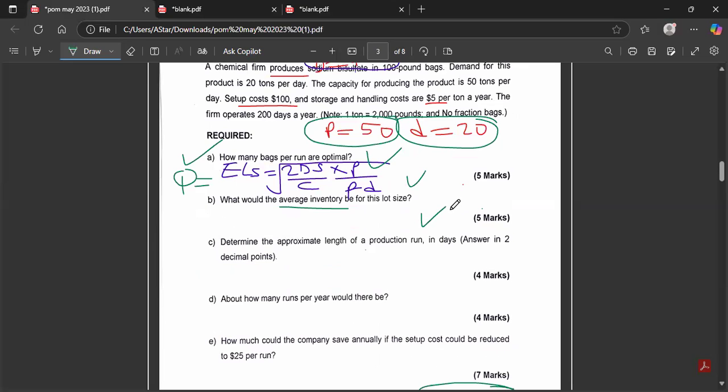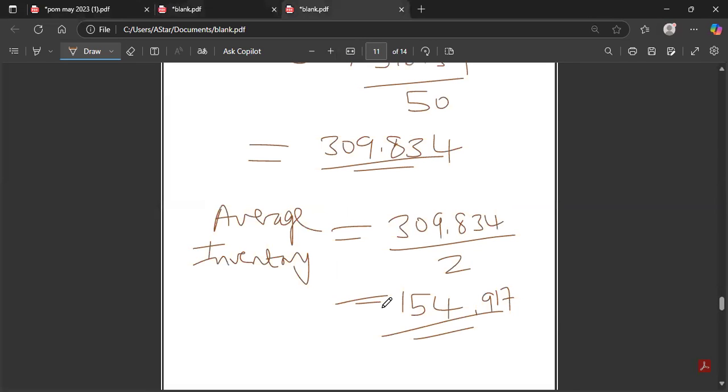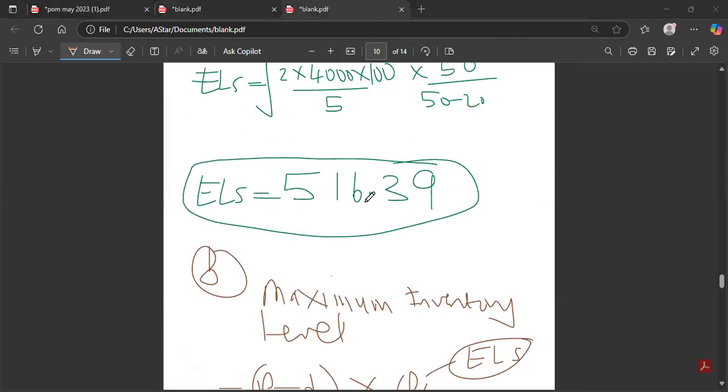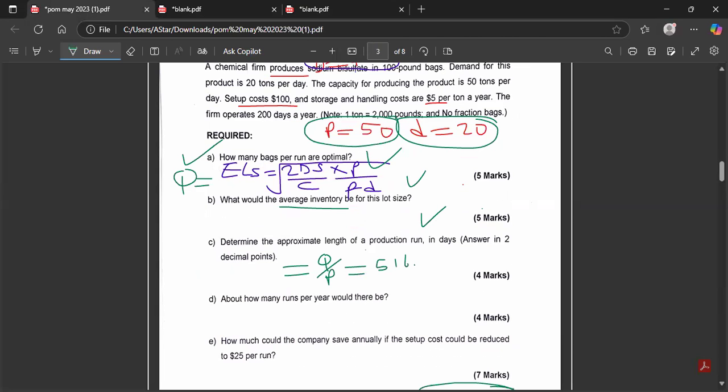Then these other ones. So length of production run. Our length is Q over P. So Q is 516.39, then divide by P, which is 50. 516 divided by 50 is 10.32.